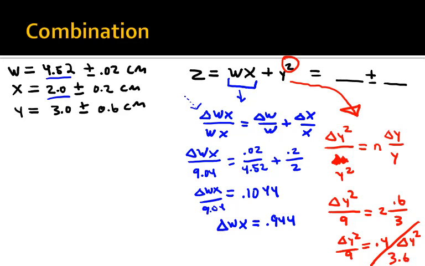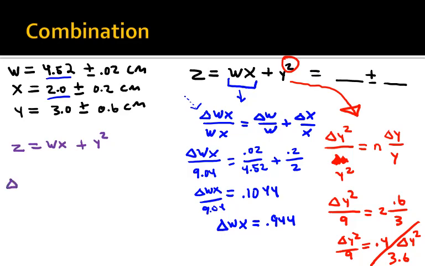Okay. And so now what we can do is bring these together, because now we have Z. We know Z is equal to Wx plus Y squared, and we actually have those values. So remember, when we add, we just add uncertainties up.